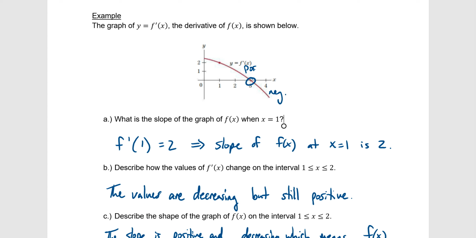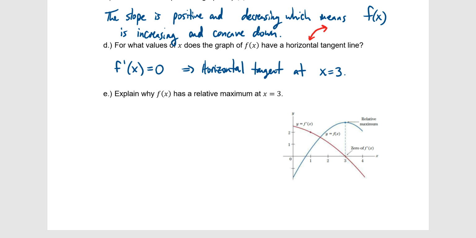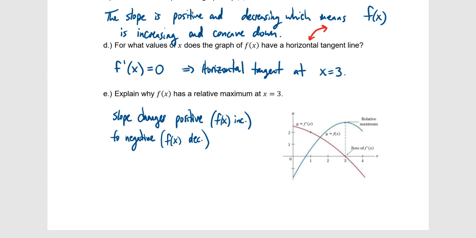So if it goes from positive to negative for the slope, that means the function goes from increasing to decreasing, which means relative maximum. So that would look something like this, where f of x is increasing and then decreasing. So it would have to have a relative maximum at that point.